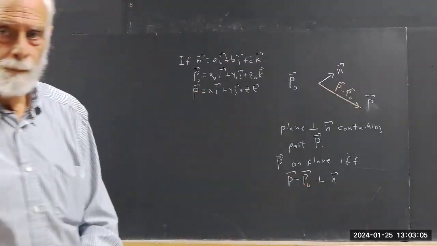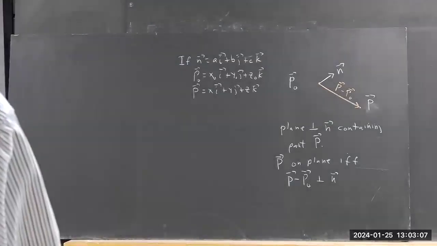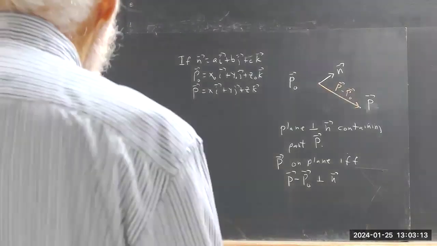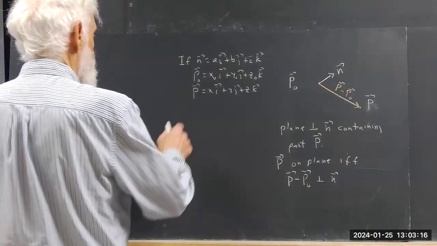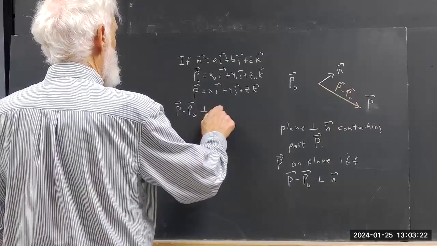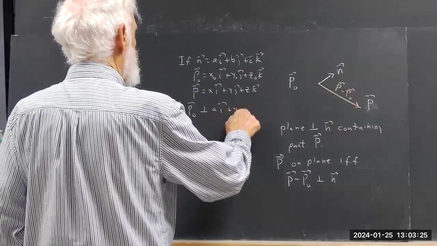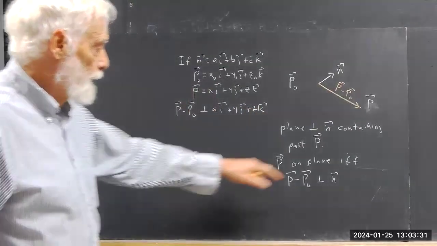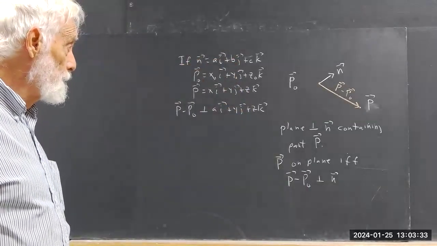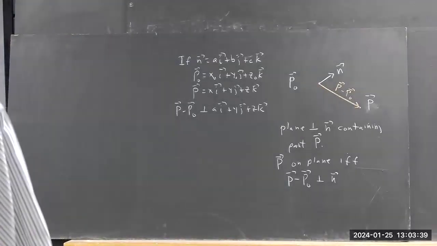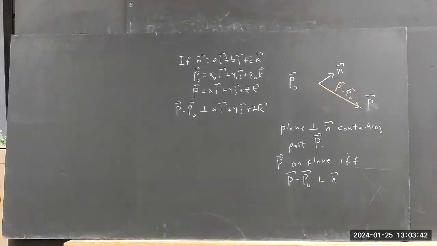Then how do you write the fact that the two vectors are perpendicular? Well, first of all, P minus P naught has got to be perpendicular to N, meaning perpendicular to Ai plus Bj plus Ck. Well, what's the vector P minus P naught? I'm not even going to ask you to answer, but I'll give you a second to process it.